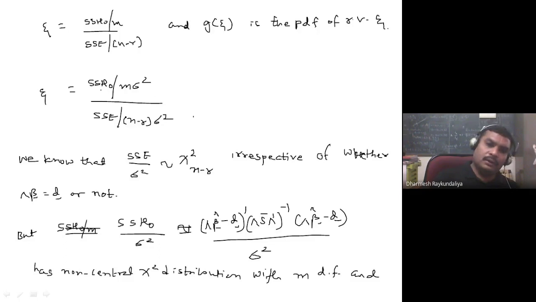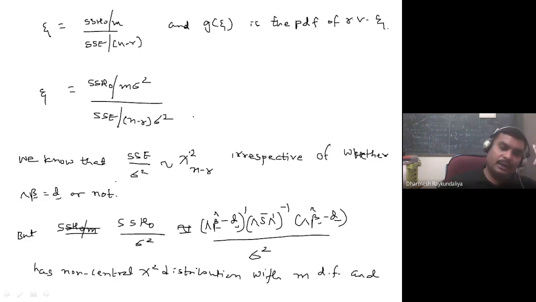But what is the distribution of SSE upon sigma square? It is a chi-square with n minus r degrees of freedom, irrespective of whether lambda beta equals d or not. So it has no connection with lambda beta. Why?